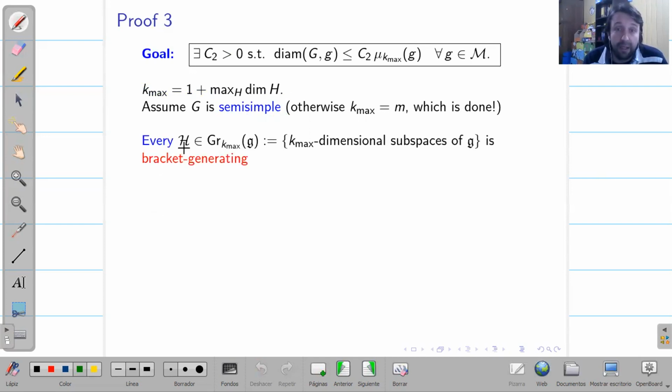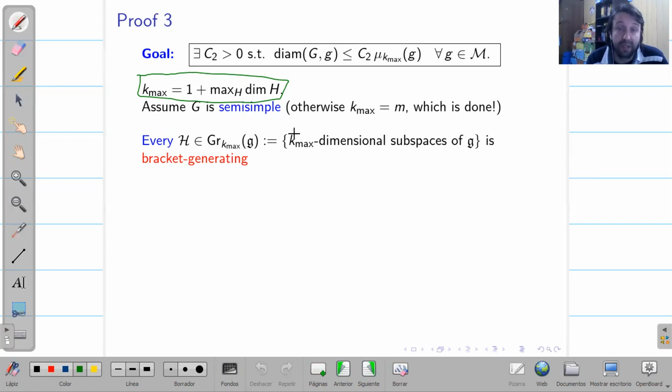And well, if you take a Kmax dimensional subspace, remember Kmax is this particular index, this is bracket generating. Why is that? Well, suppose it is not bracket generating. It means that there is a proper subalgebra containing this H, right? But this subalgebra has a dimension larger than this.